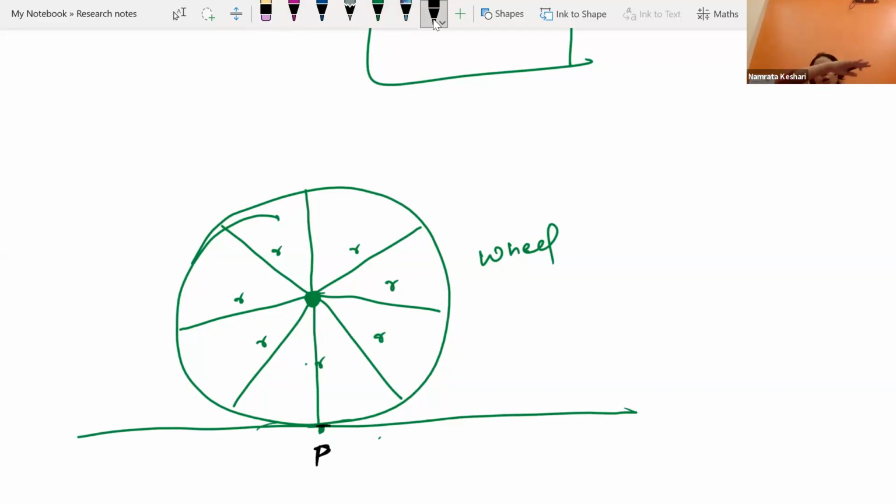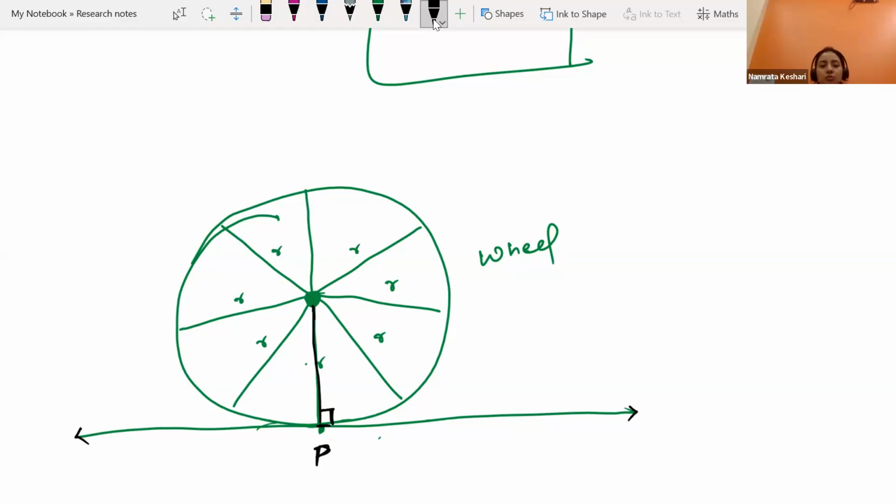It is nothing but the ground working like a line which is tangent to the circle. And if we observe carefully, this radius looks perpendicular to this tangent. Yes or no? We are just telling it by observation. Does it look perpendicular to this tangent? Yes, it will be perpendicular.